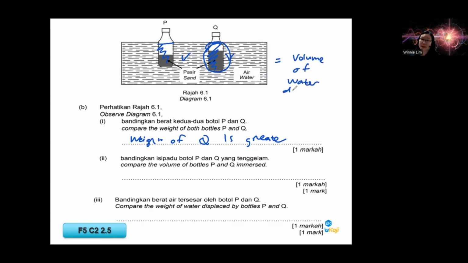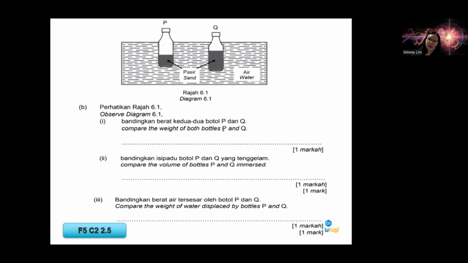The water displaced. Yeah, if you were to do the activity using a Eureka can, whenever you put a block, if you submerge the block fully, it will displace the water out. So this volume of water you measure is the same as the volume of the object. Can? So again, Q will be greater.